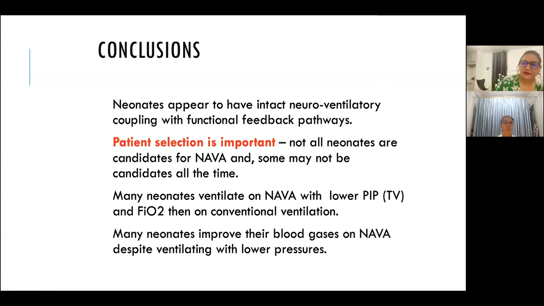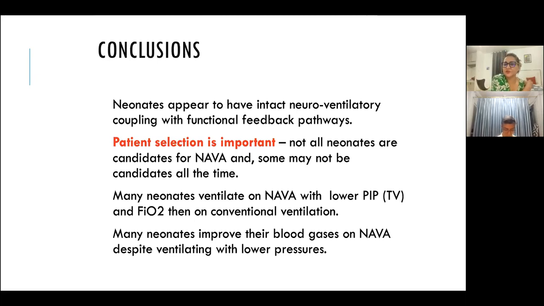So in conclusion, the neonates appear to have intact neuroventilatory coupling with functional feedback pathways. It's very important to select the right patient, because all babies would not be candidates for NAVA, and some may not be candidates all the time.